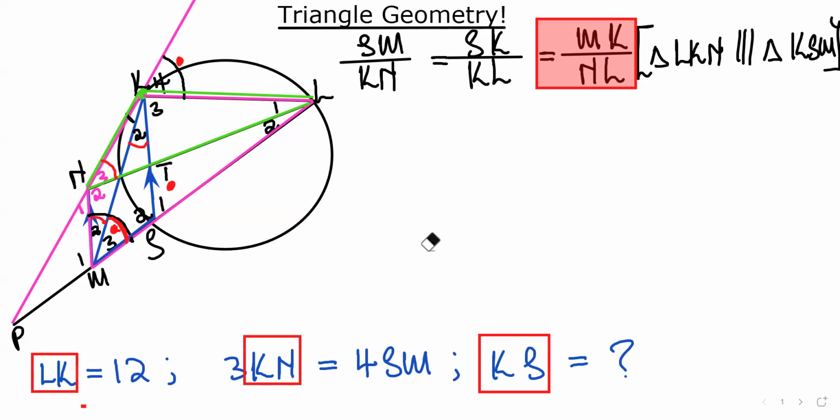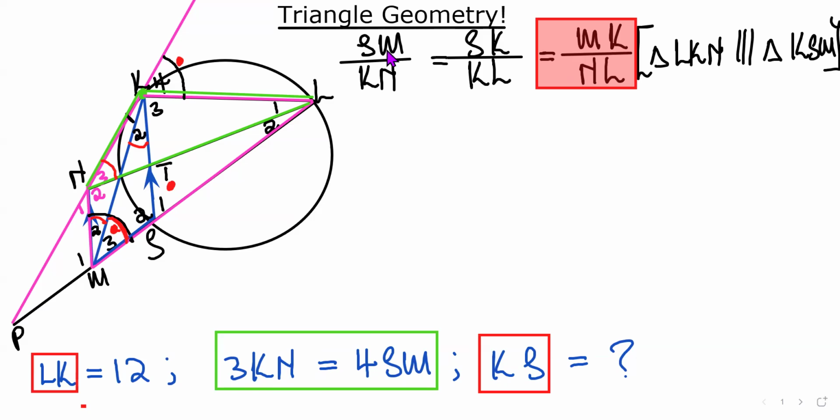Well, easy. We are going to come to this ratio here. Which ratio is that? This one. And we need to rewrite it nicely. Well, nicely how? Let's write it as a ratio. It's up to you whether you divide by KN or you divide by SM.